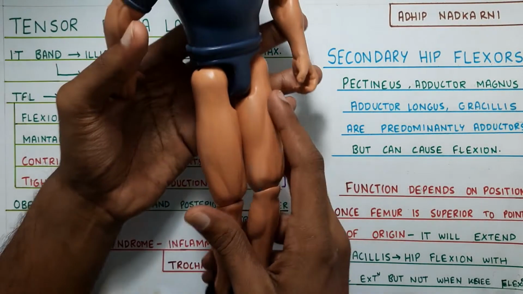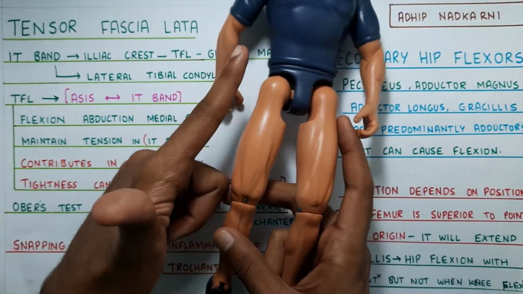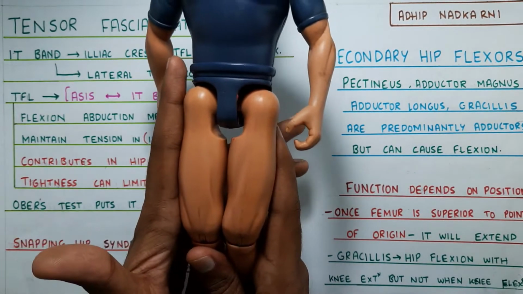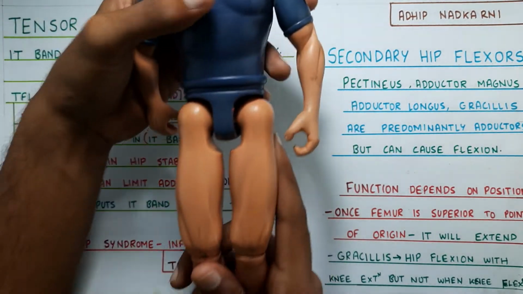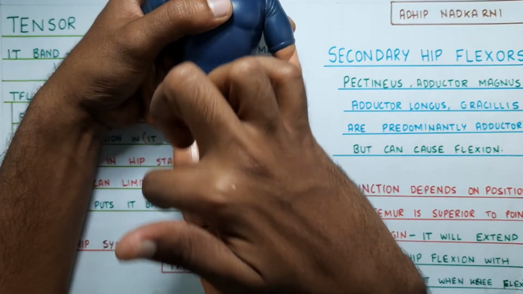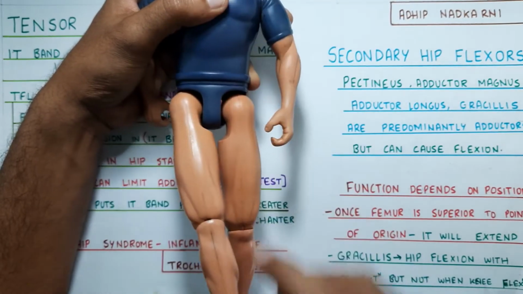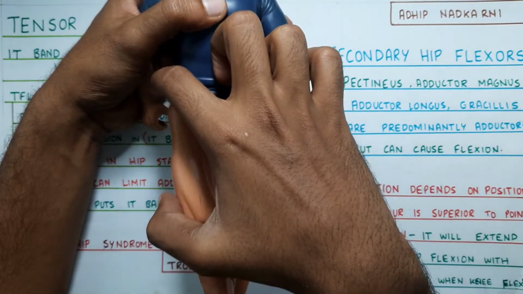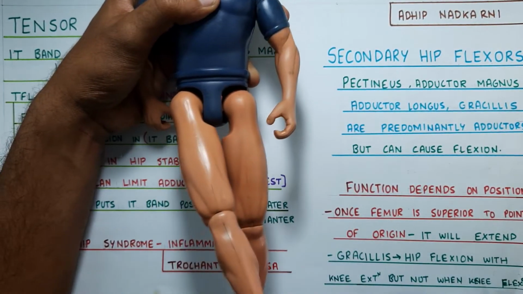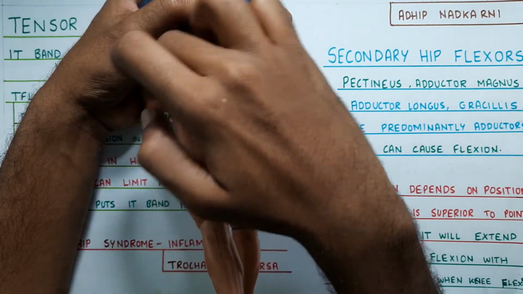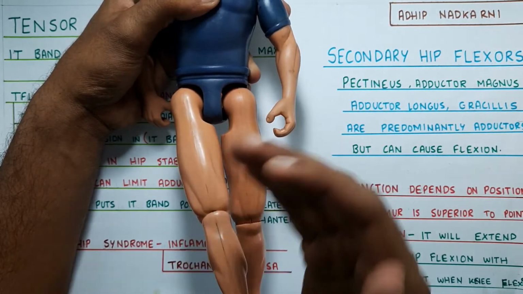So if you see, if there is a structure on the lateral side like an IT band, which gives stability to the hip joint, which is pretty stiff, and if you try to adduct your leg, what will happen? This IT band will prevent excess adduction, right? But when the IT band becomes too tight, it will limit a lot of adduction, and this tightness or stiffness at the IT band can be found out through Ober's test.